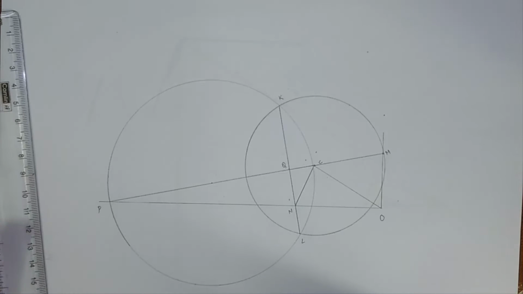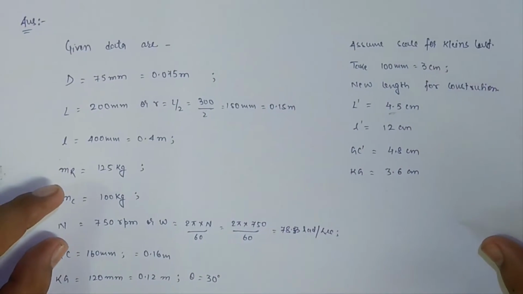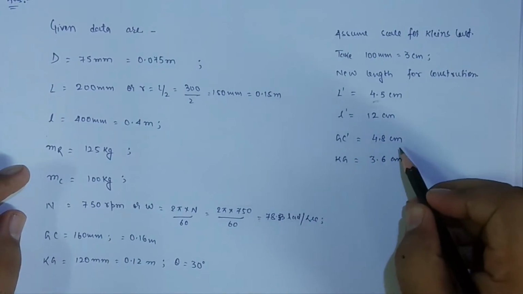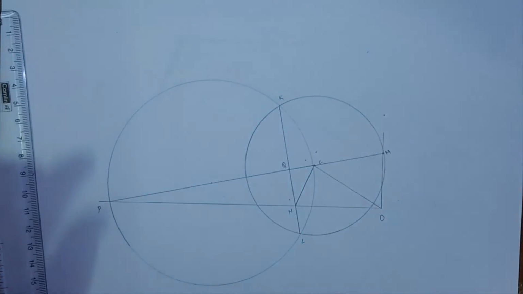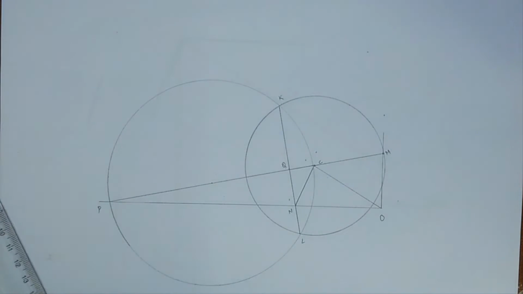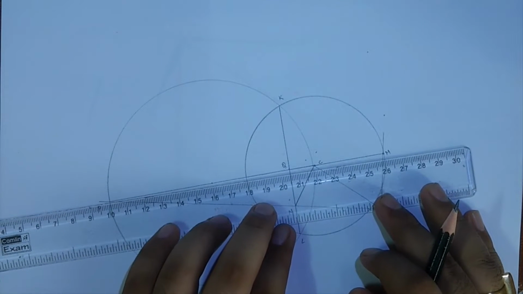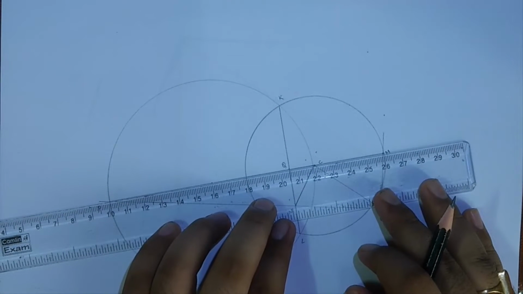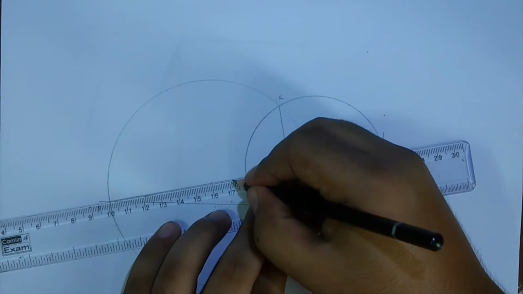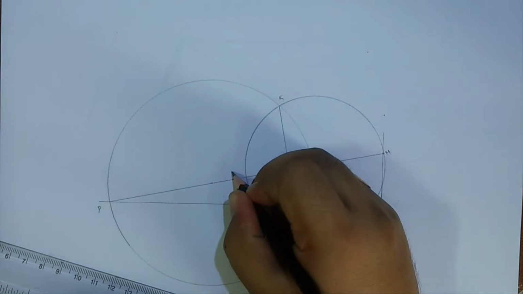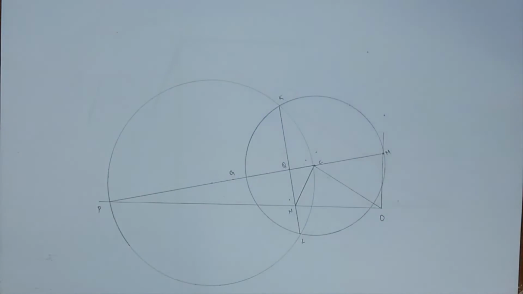Now it is given in the question that the center of gravity from the crank pin is 4.8 cm. So from point C we will measure 4.8 cm, and name the point G. Draw a perpendicular from G on PM.